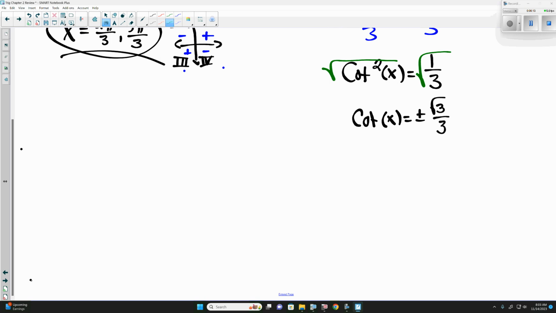Now, most calculators don't do cotangent, if they're not that nice. Some do. But we know that cotangent of x is the same as tangent of x, but we have to flip it, which gives us 3 over square root of 3.